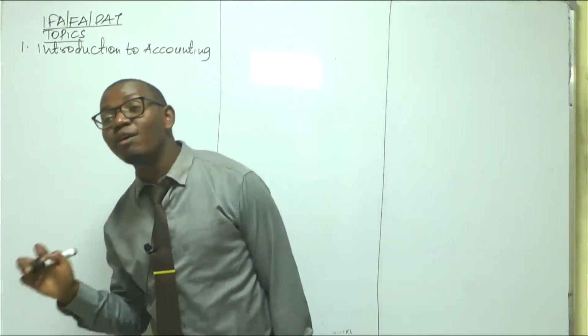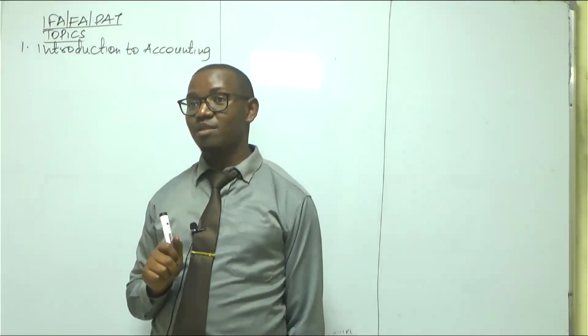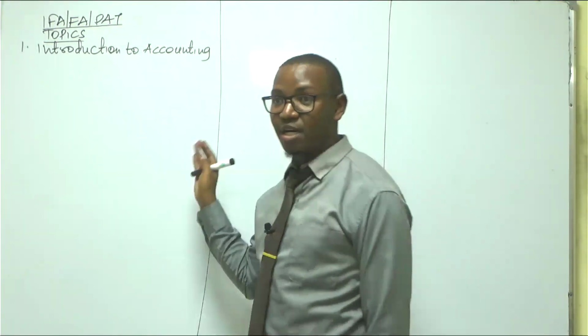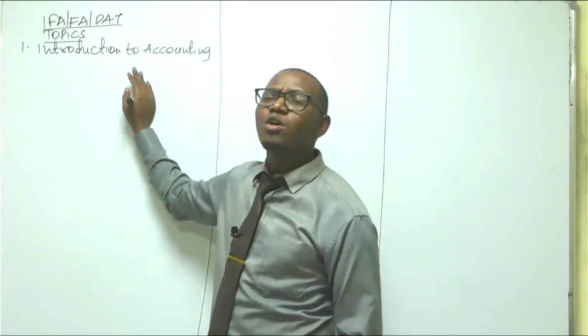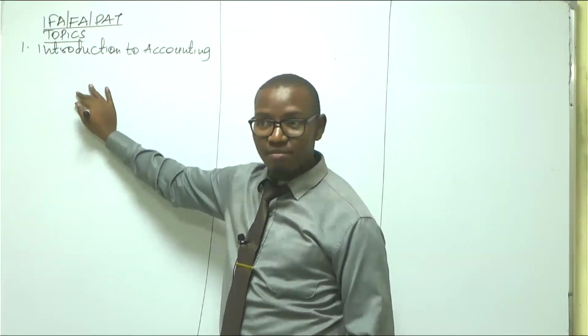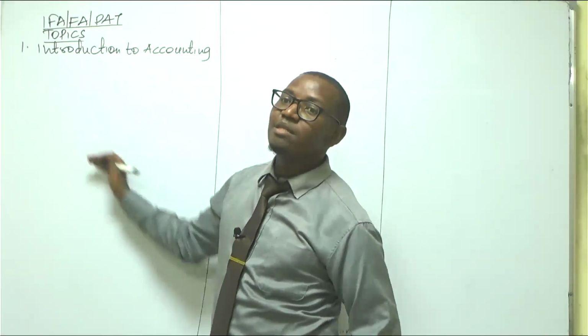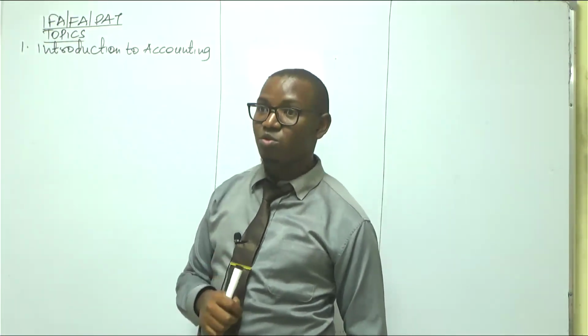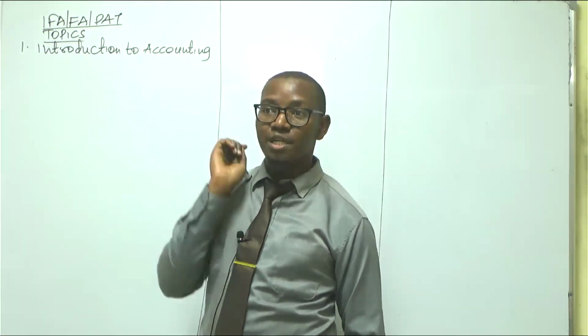We'll be recording financial transactions. The concept under which we record financial transactions is the double entry system, which comes out of one of the accounting concepts, the duality concept.